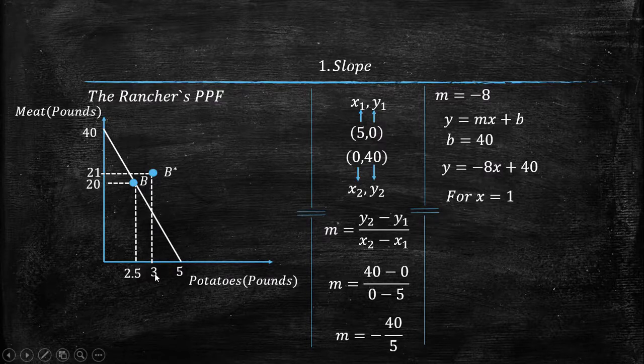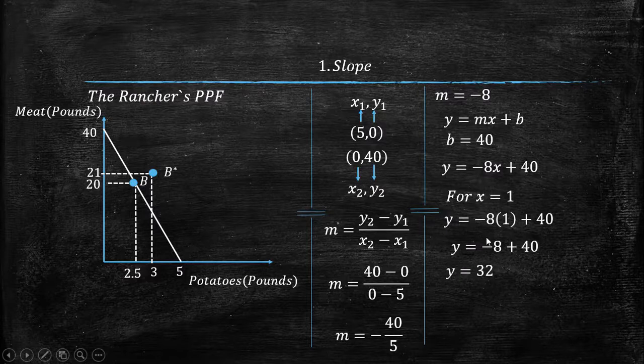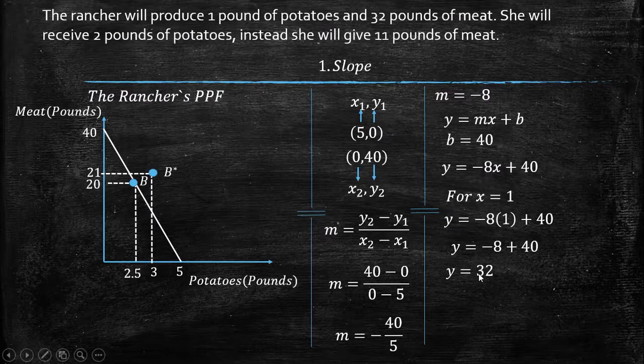So I'm just going to replace x1, which is the production, and y is how much, or the quantity of meat. So in this case, replacing 1, this y is going to be the production of the rancher. But remember that the rancher is going to give 11 to the farmer.